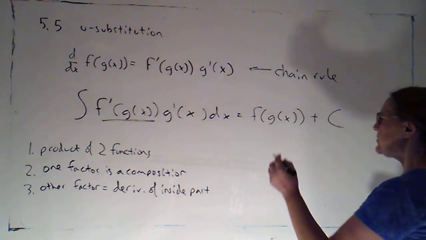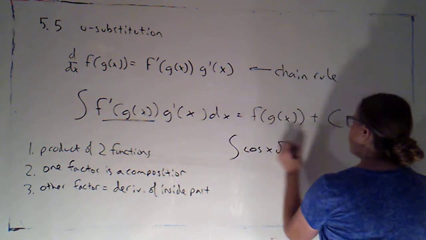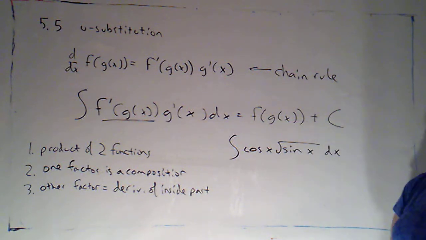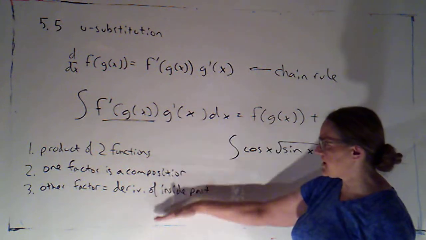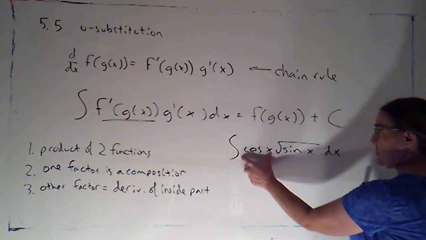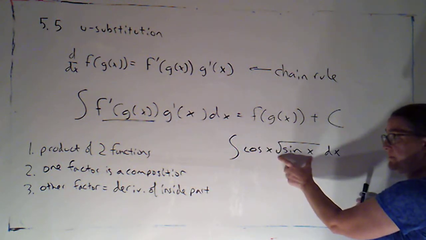Okay, so let's try taking the integral of cosine of x times the square root of sine x dx. Notice in this case I have all three of these things. I have a product of two functions. I've got cosine x being multiplied by the square root of sine x.